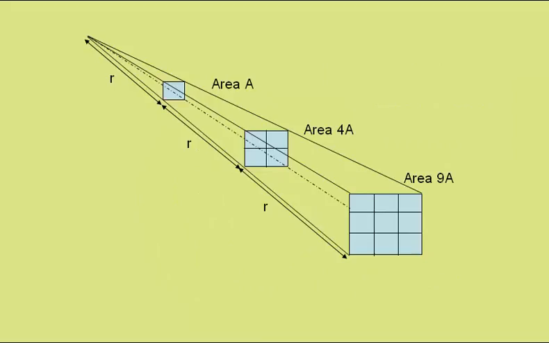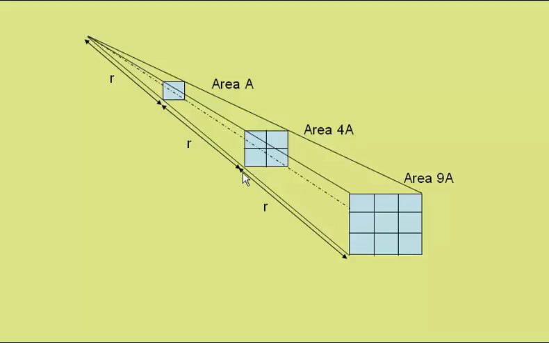If we assume for simplicity that the property being radiated out is light, and then consider in this diagram the light travelling out in just one small direction from the point source, a radius r out, we could have a square of area A, and all the light in this direction passes through this square.